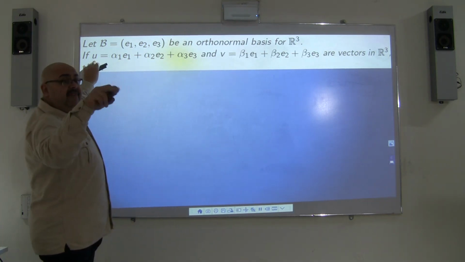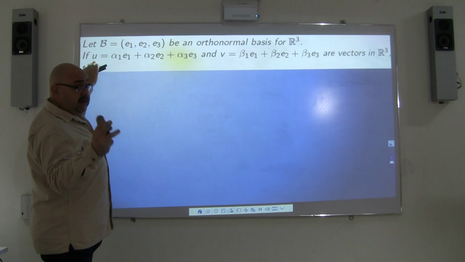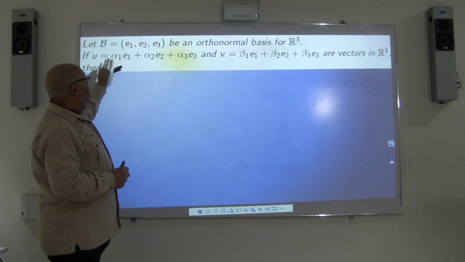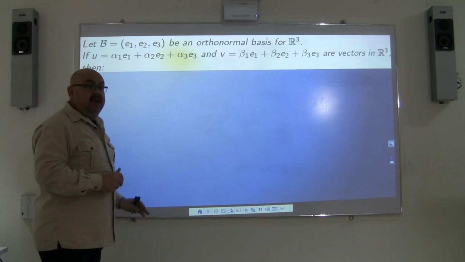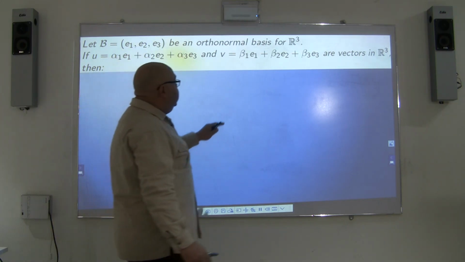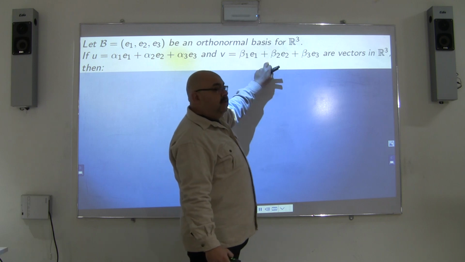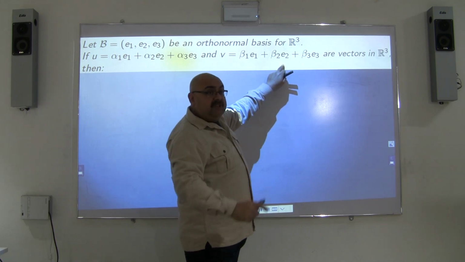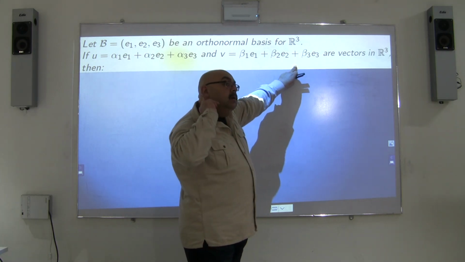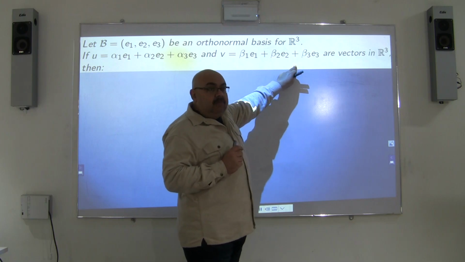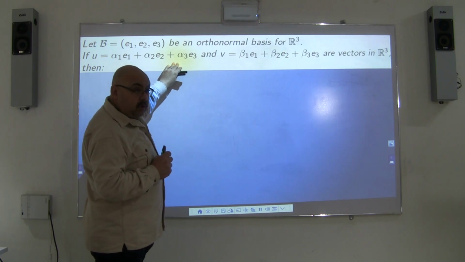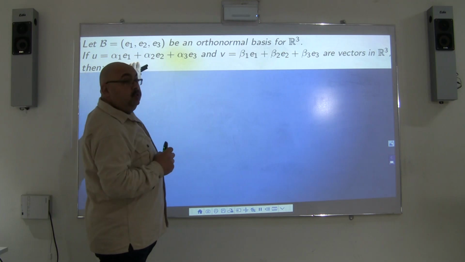I have a certain vector u, which can be written as a linear combination, right, based on this basis. So it's going to be alpha 1 E1, alpha 2 E2, alpha 3 E3. If I have another vector belonging to this vector space, it can be written as beta 1 E1, beta 2 E2, beta 3 E3, where beta 1, beta 2, beta 3 are called coordinates. And alpha 1, alpha 2, alpha 3 are also coordinates of vector u with respect to basis beta.